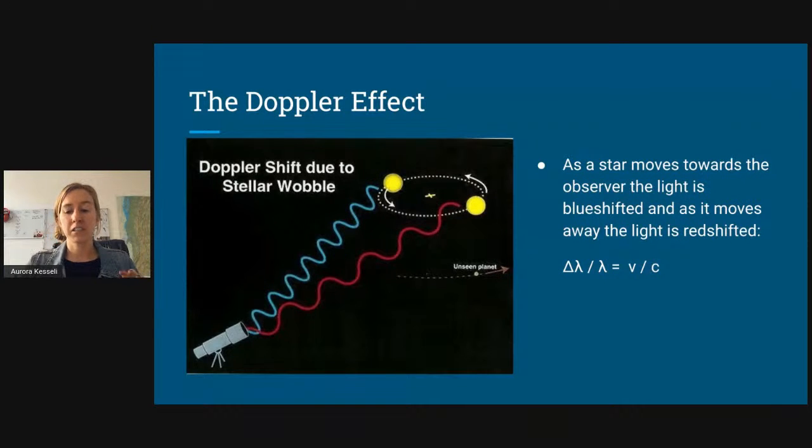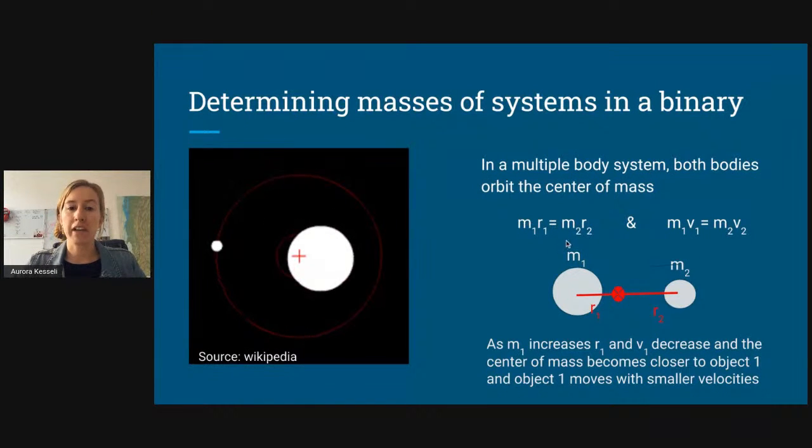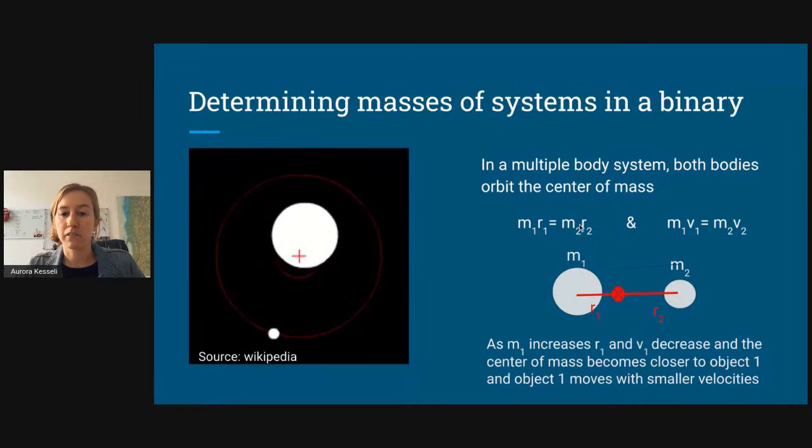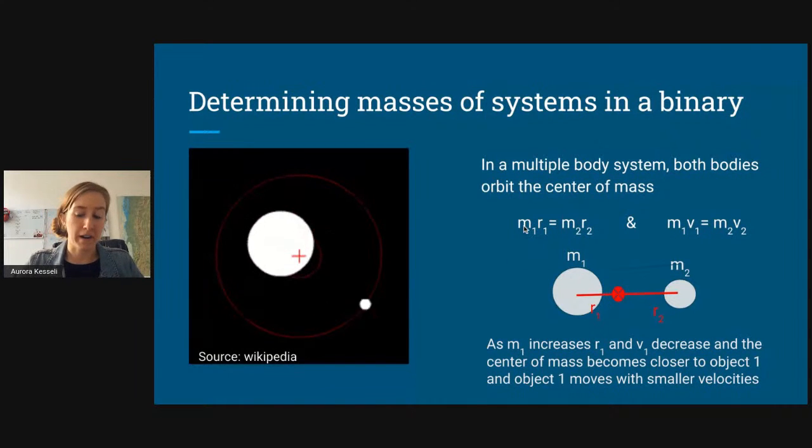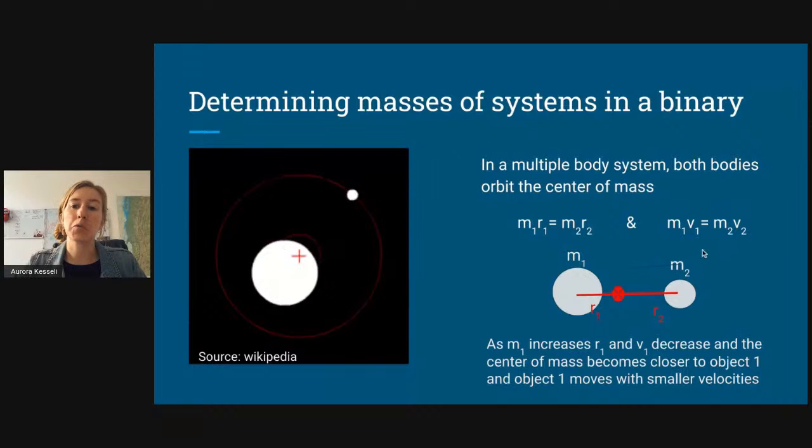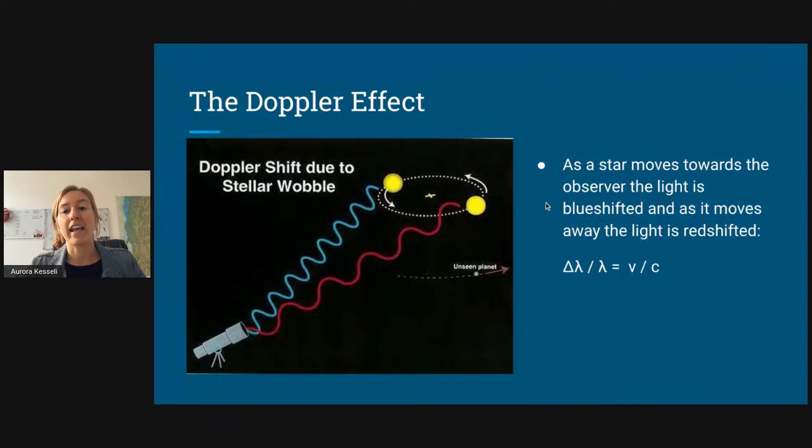Since we're interested in discovering the masses of these planets or stars or binary stars, we need to know the velocities. And if you remember from last time, we talked about the Doppler effect. Just as a reminder, the Doppler effect basically allows you to resolve velocities of stars or any objects, because as an object emits light and is moving either towards us or away from us, the light gets redshifted or blueshifted.